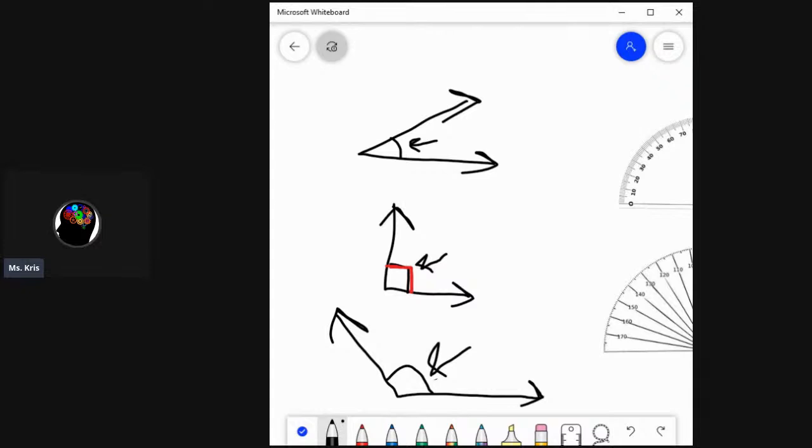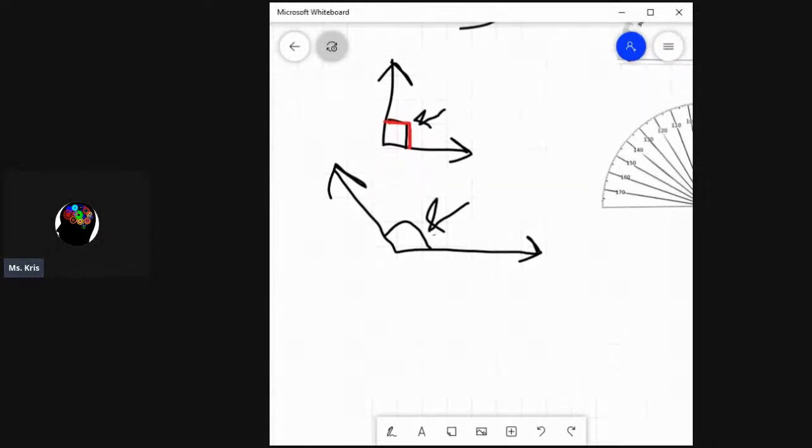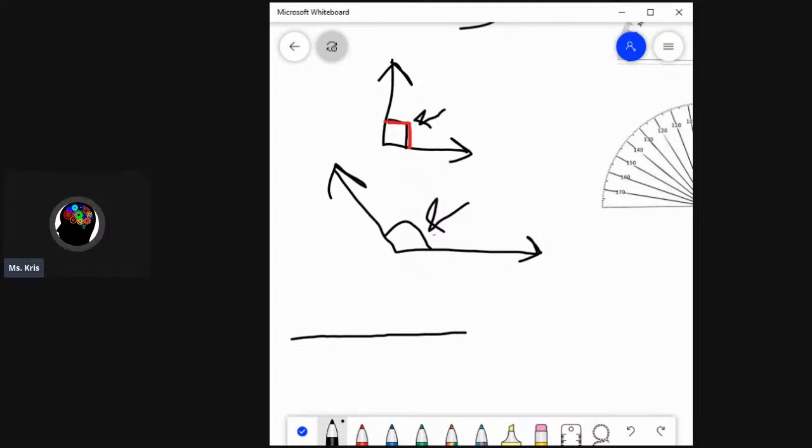And of course, the greatest one of them all is considered a straight line. A straight line, as you would imagine, is a straight line or straight angle. A straight angle is a measurement of 180 degrees.